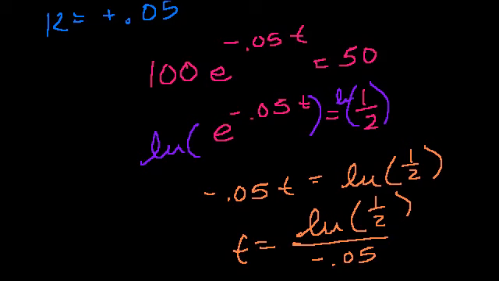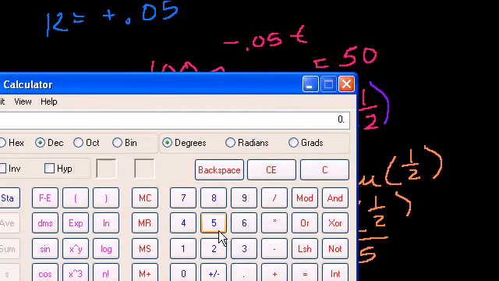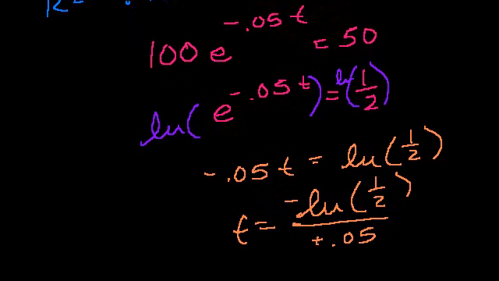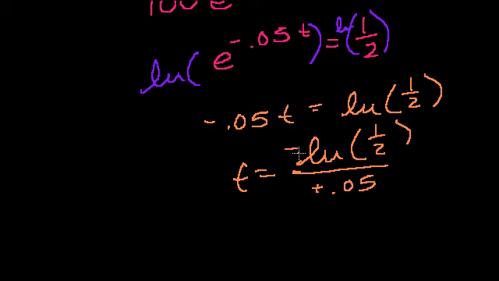So let's figure out what that is. Someone just made a comment, and I might as well do that: I could multiply the numerator and the denominator by -1, making this a plus and this a minus. If you put a minus in front of a natural log or any logarithm, that's the same thing as the log of the inverse, so it's the natural log of 2 over 0.05.